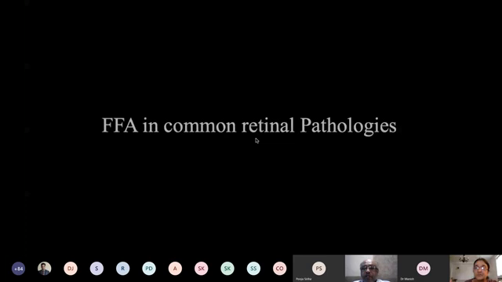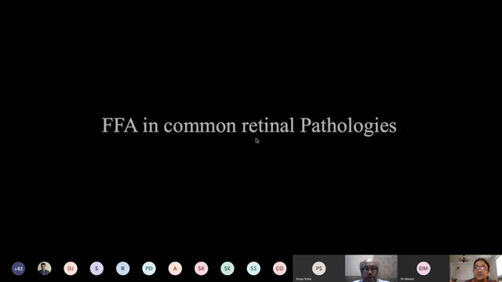Okay, because there's a question from Dr. Kapil which says how to differentiate PED and CSR on FA, and then he says both have pooling of dye. I get your question, sir. Let me reach that slide where I'll show the photograph. I'll be able to explain to Dr. Kapil well. Yeah, what is pooling of dye and why? What is PED? We'll go at that. Leakage and pooling.